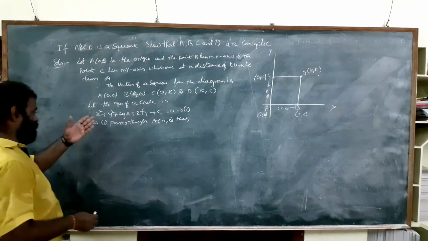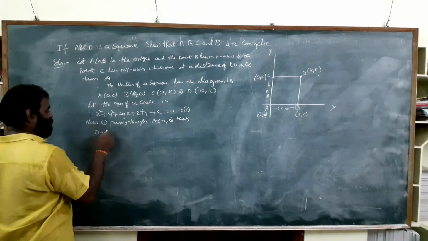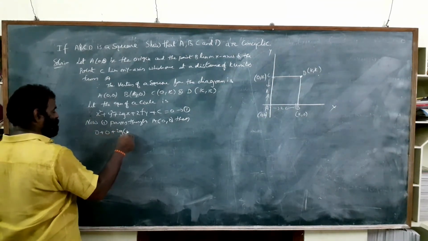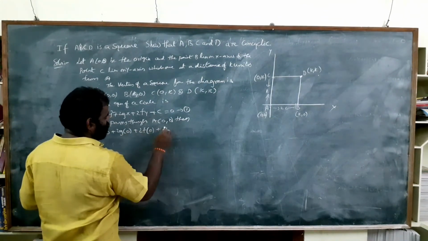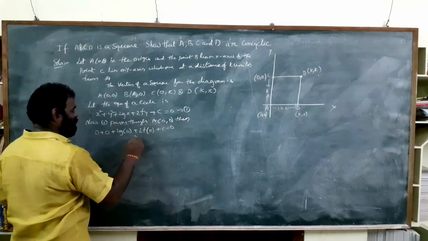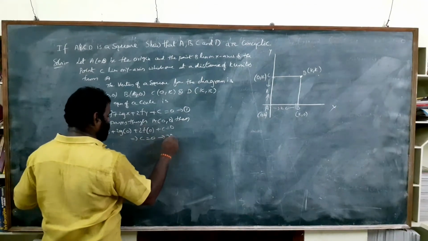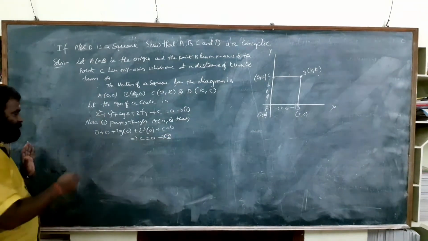If you substitute (0, 0) in this equation, 0 plus 2g into 0 plus 2f into 0 plus c equal to 0, which implies c equal to 0. This is the second equation.